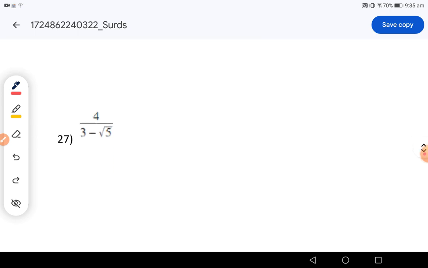Question 27. 4 by 3 minus root 5. So multiply 3 plus root 5 by 3 plus root 5.